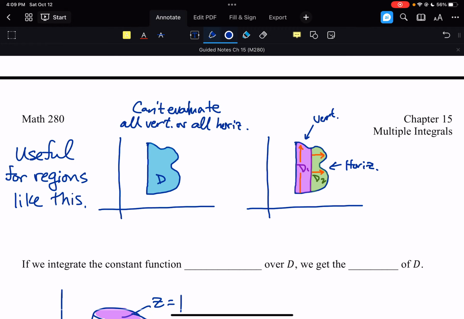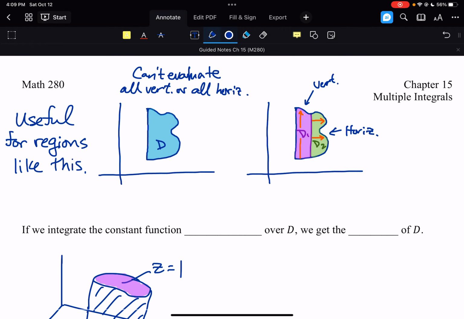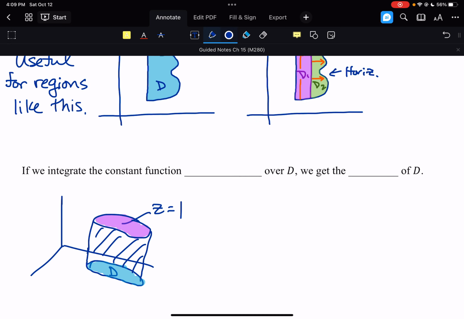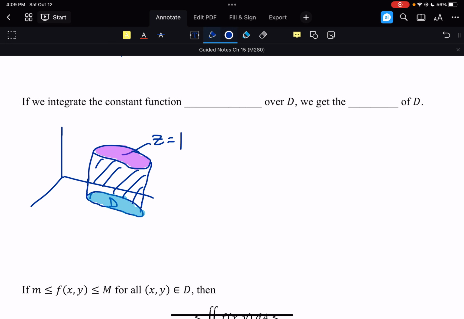The next thing to look at is a pretty helpful and interesting property that connects us back to a little bit of the work we did in Calc 1 with integration.